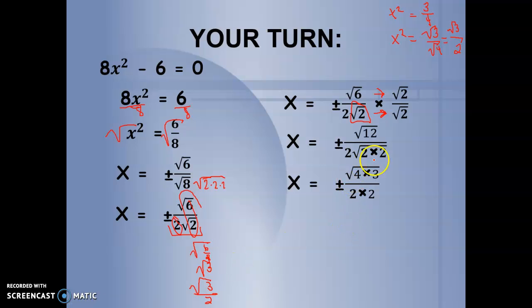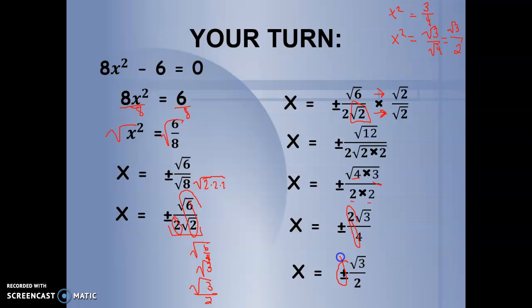That can be simplified as square root of 12 can be simplified as square root of 4 times square root of 3. And our bottom can be simplified as 2 times 2. We then get 2 square root of 3 over 4. And then our 2 and our 4 can be simplified to square root of 3 over 2.